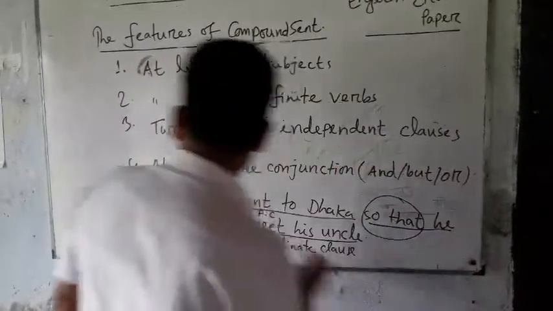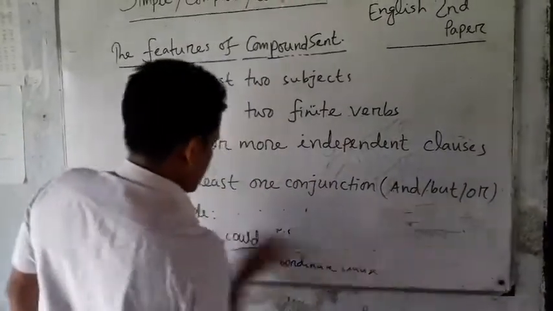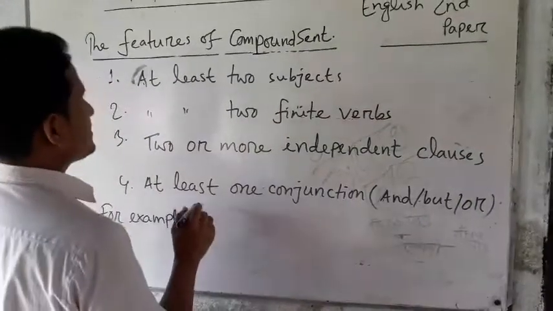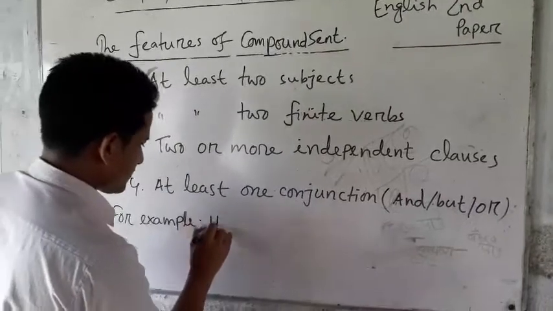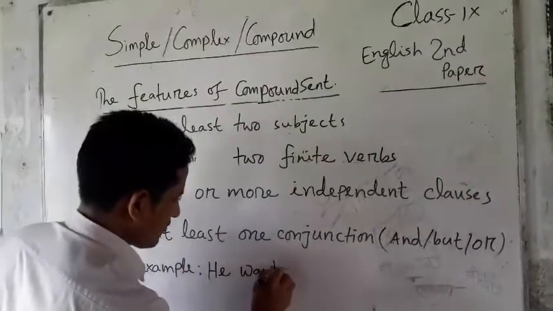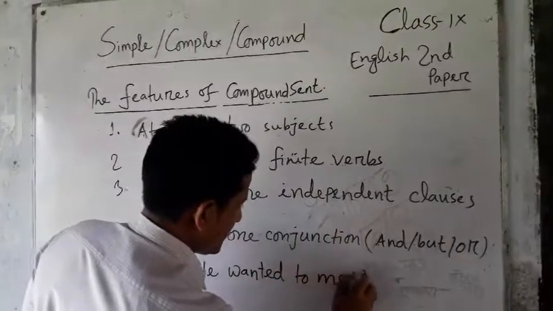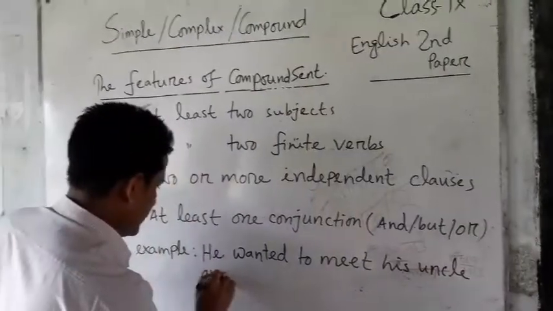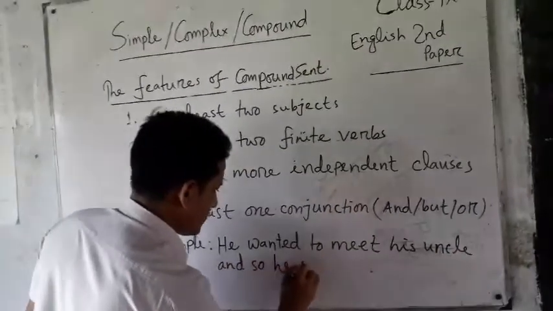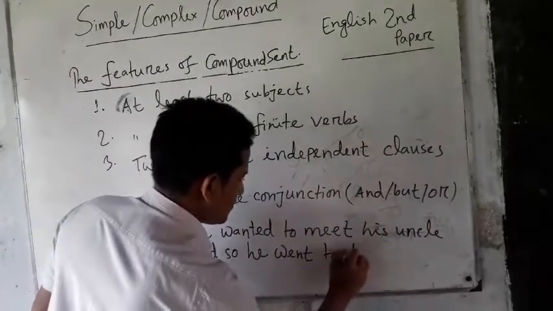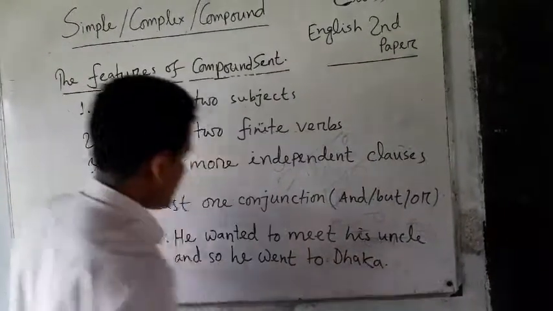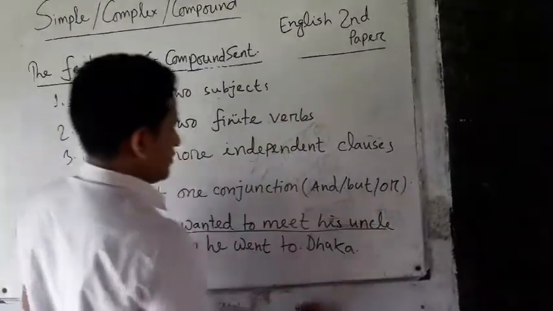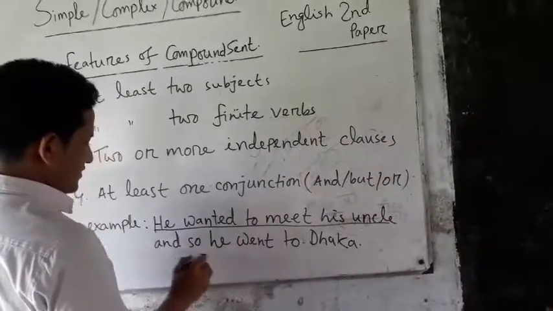For example, I am going to give you an example of compound sentence. He wanted to meet his uncle and so he went to Dhaka. He wanted to meet his uncle. This is a principal clause or independent clause.